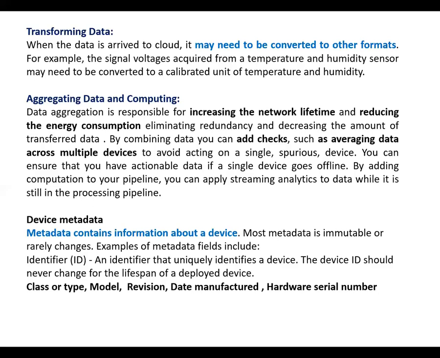Those types of things are called aggregating data and computing. This increases network lifetime and reduces energy consumption, eliminating redundancy and decreasing the amount of transferred data. By combining data, you can add checks, such as averaging data across multiple devices to avoid acting on a single spurious device. You can ensure that you have actionable data if a single device goes offline.